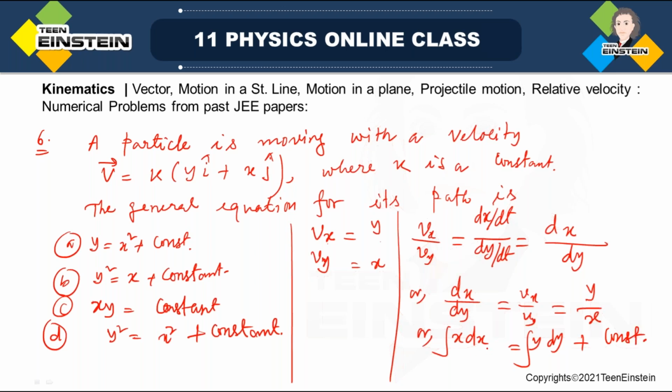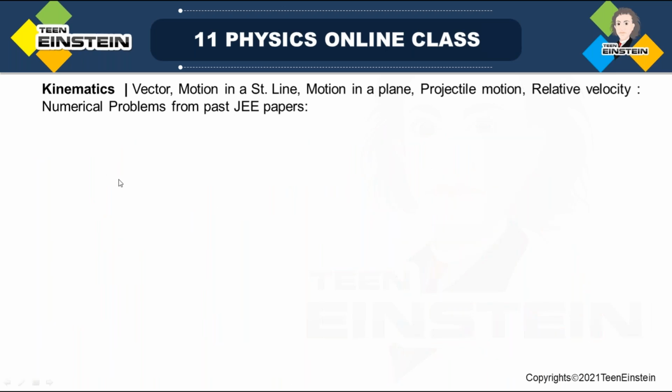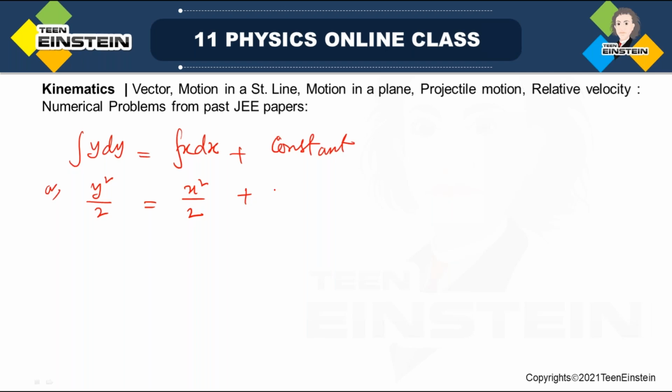So what are we getting? Okay, look, we have got y dy is equal to x dx. Let us keep the constant on the right hand side, any arbitrary constant. So y square by 2 is equal to x square by 2 plus this constant c.